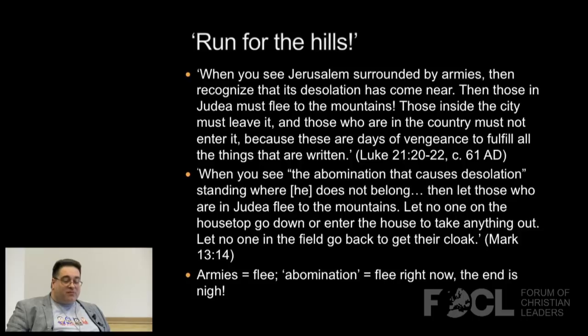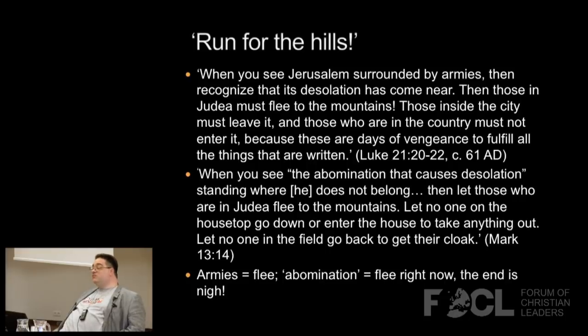When you see the abomination that causes desolation standing where he or it does not belong, then it's really, really important that you get out of there because really bad things are about to happen. Armies: flee. Abomination: flee right now, the end is nigh. Seems to me to be the message.